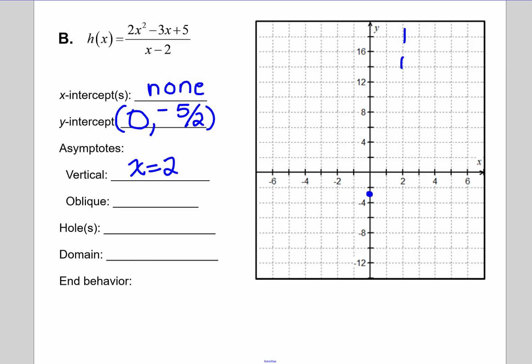Whoop, I want that to be red. Let's do that. Get a red pen. x equals 2. And then we need some synthetic division here.